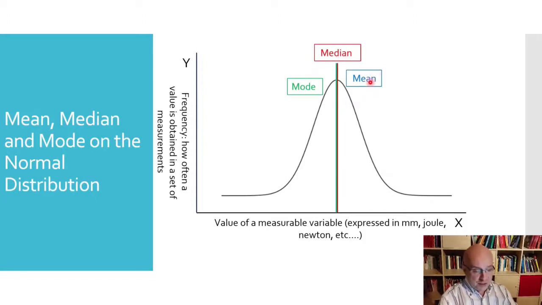Why is the mean the center value? Well, because don't forget that the ideal normal distribution consists of an infinite number of data. So there is always a number here. If I take a number here, which is on the right of the mean, and it is higher than the mean by a quantity of x, there is always the same number on the left of the mean, which is lower than the mean by the same quantity of x.